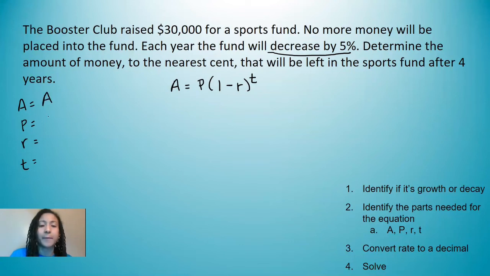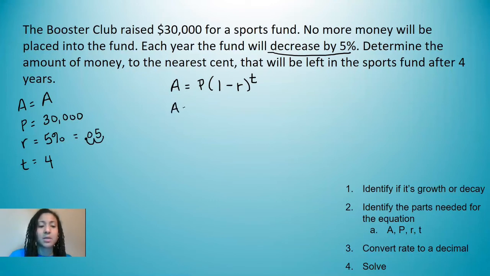So A is A. P is $30,000. R is 5%, and T is 4. Once again, rate has to be converted to a decimal, so we start off with a 5. The decimal is after. We move it 2 places to the left, so it now becomes 0.05.